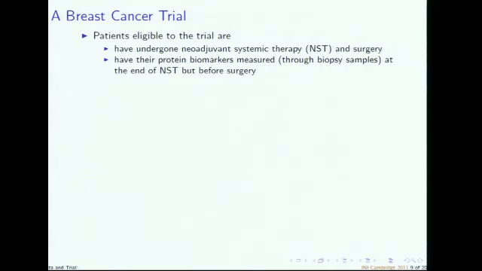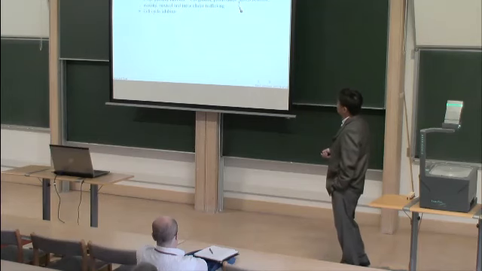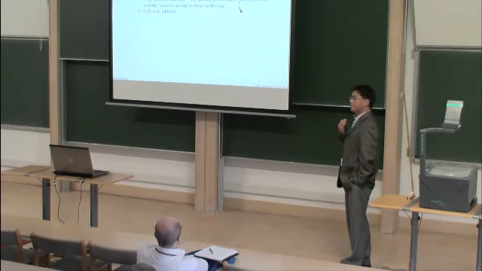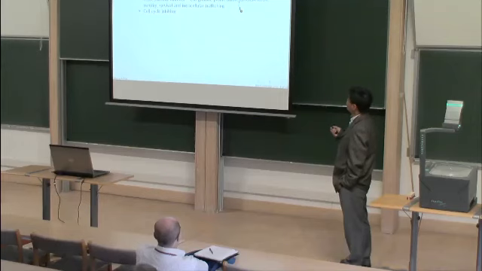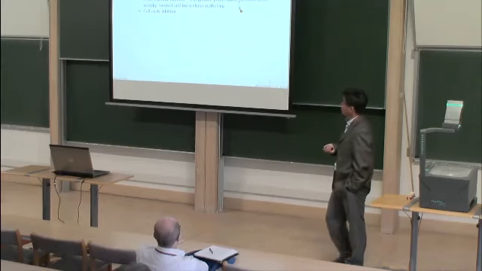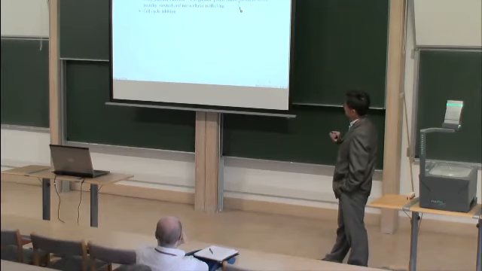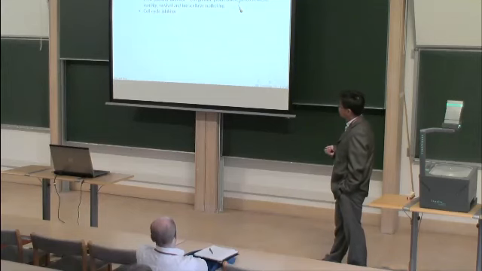And these patients have their biopsy done, so their biomarkers, the protein expressions, have been measured. And for these patients, their prognosis is not good from the frontline therapy. Therefore, they are considering second line therapy, which are these biomarker treatments.